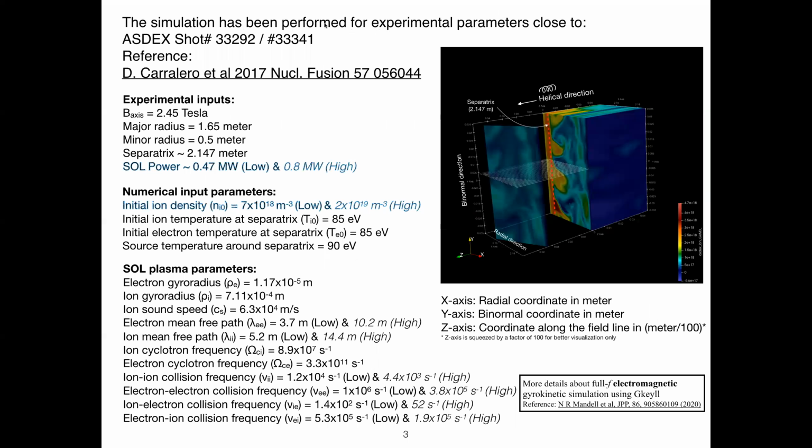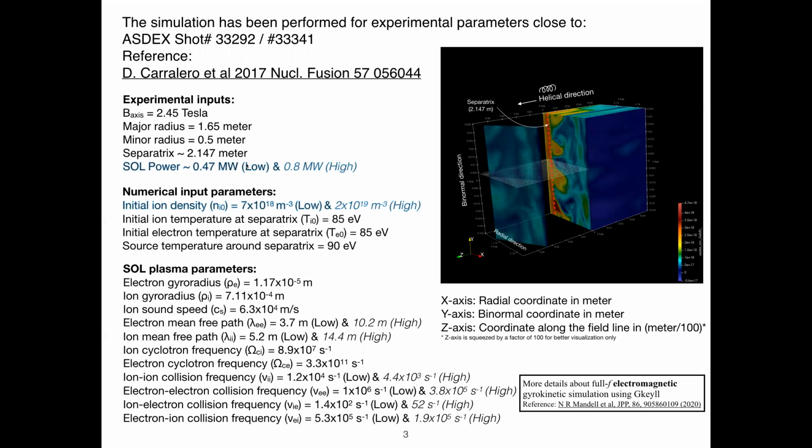So we have done this simulation for experimental parameters which are close to ASDEX shot numbers such and such. The further details of the experimental parameters you can find in Daniel's 2017 Nuclear Fusion paper. The experimental inputs are mostly known for ASDEX.